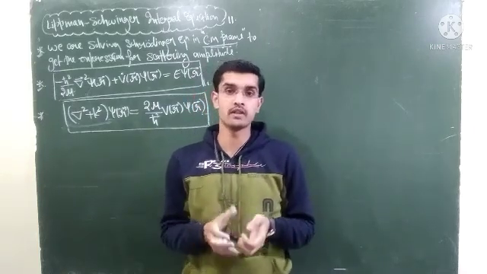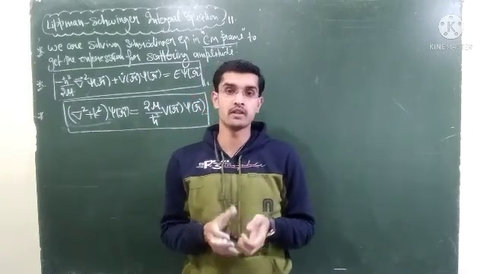On the right hand side, we replace the delta function with its Fourier transform: 1 over (2π)^3 into e^{iq·(R - R')} d^3q. So this will be the equation.